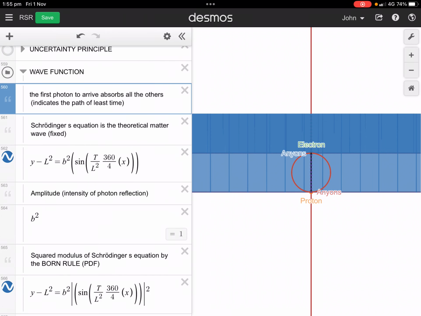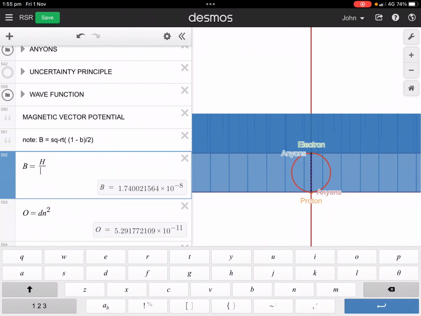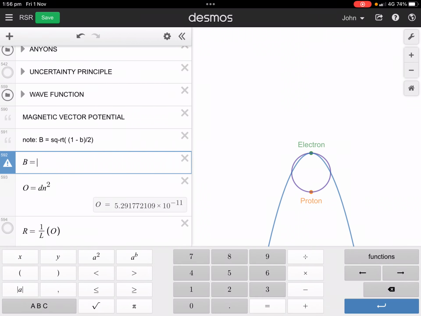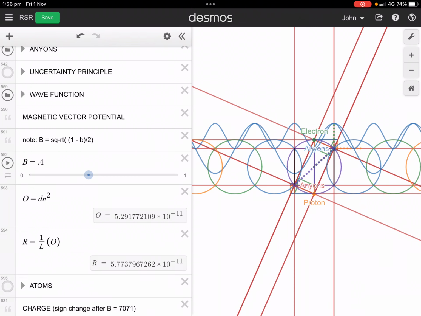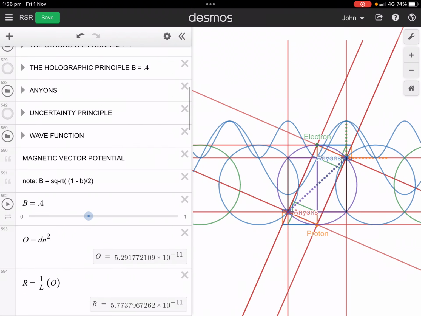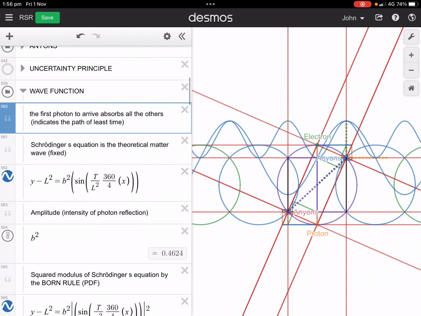So, wave function collapse. Let's say that I don't know, got an electron whizzing along at 0.4 C or something. And it's first to hit the screen.